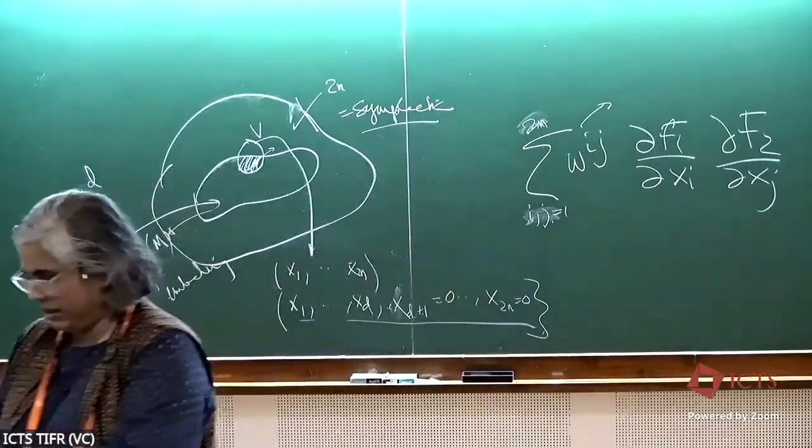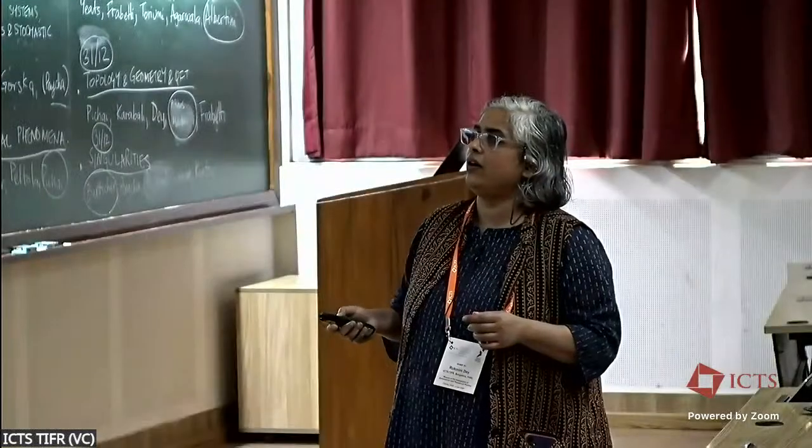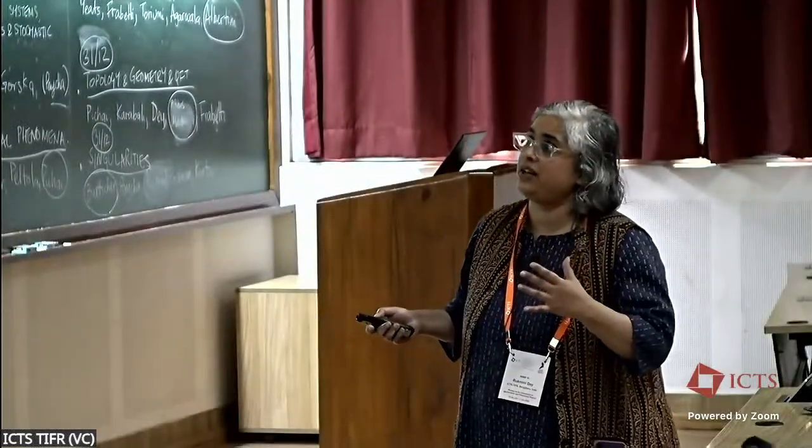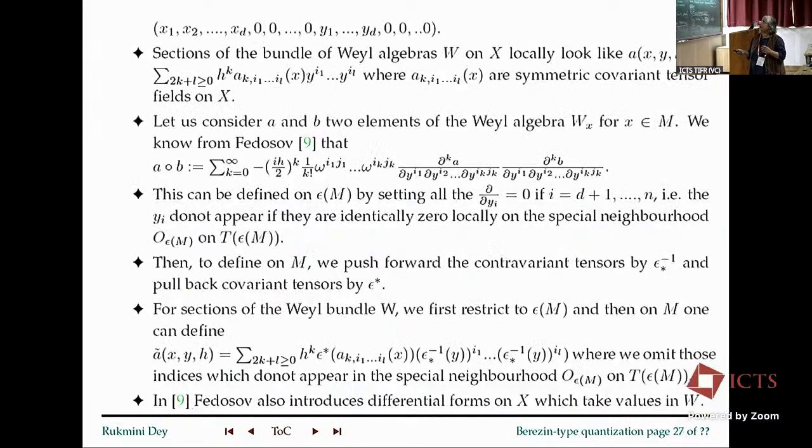Okay. So now a review of the star product, how Fedosov does it on a symplectic manifold. It's a little complicated, but I'll try to go through it. I look at the tangent bundle, x1 till x2n, y1 till y2n. And on our special manifold, it looks like x1 till xd, 0, 0, 0, y1 till yd, 0, 0, 0.